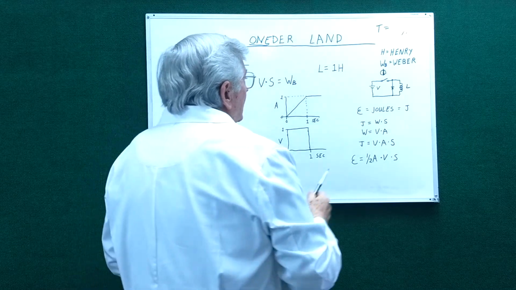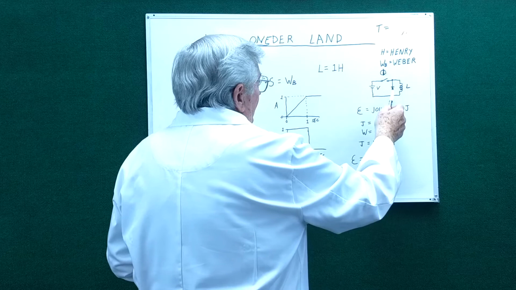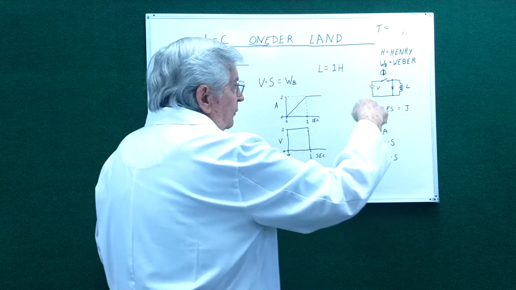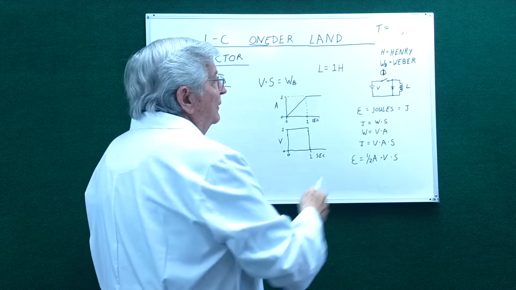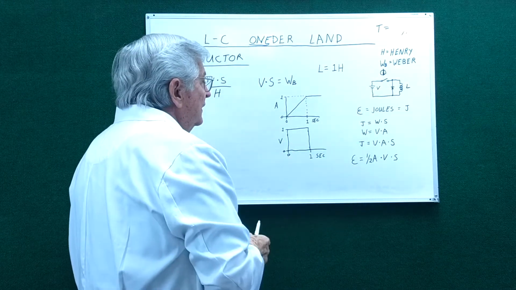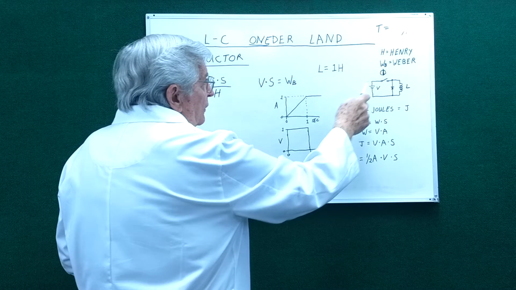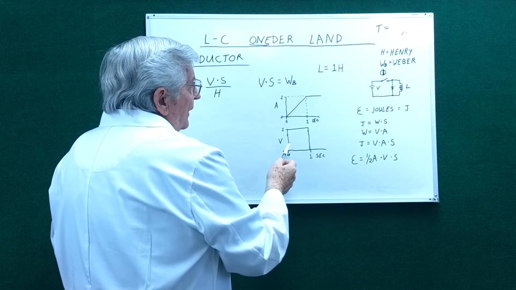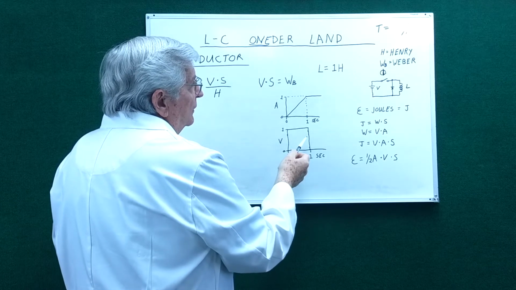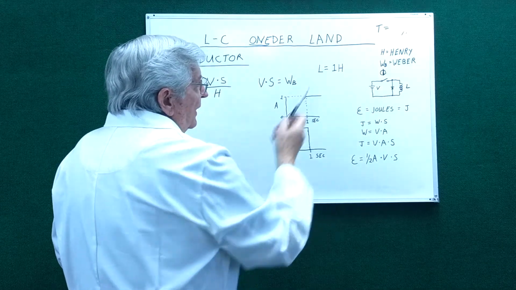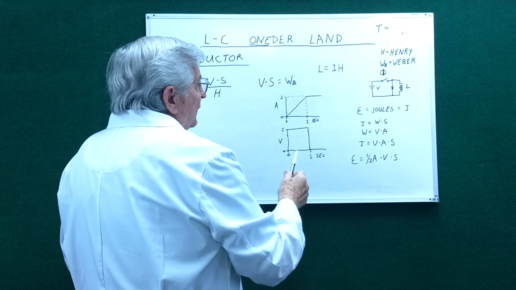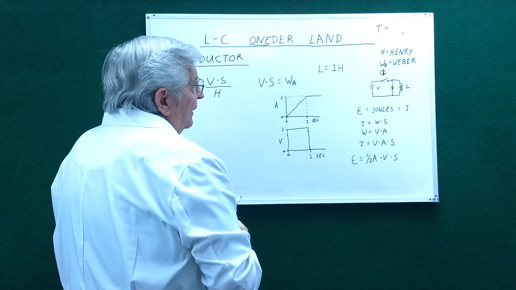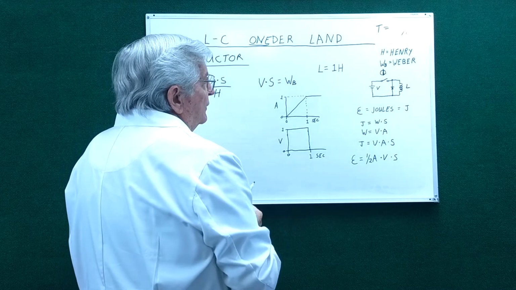And here we need a diode to provide a path for the current when we open our switch. So what we're going to do is close that switch at time equals 0, and that'll apply 1 volt to our 1 Henry inductor. At the end of that period, we'll open the switch to remove the voltage.